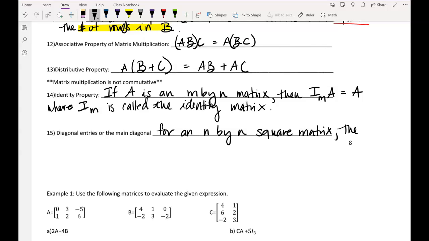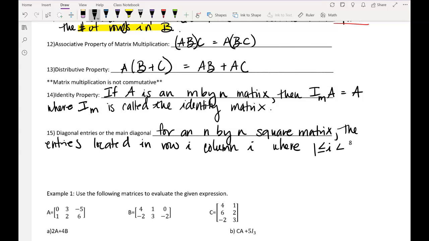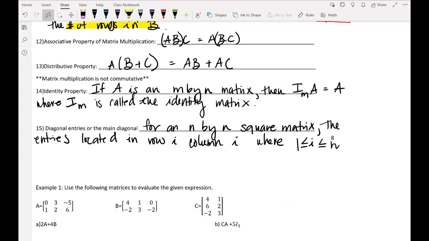The entries located in row i, column i, where your i must be bigger than or equal to 1 and less than or equal to n. Okay, so remember i is your location. So it's talking about diagonal entries or the main diagonal. It's right in the middle of the matrix.